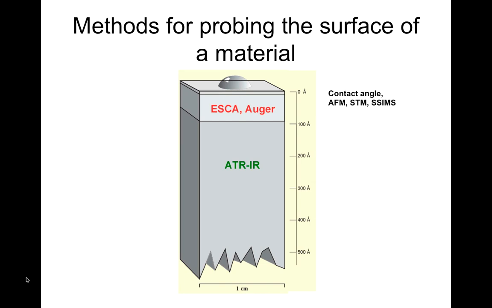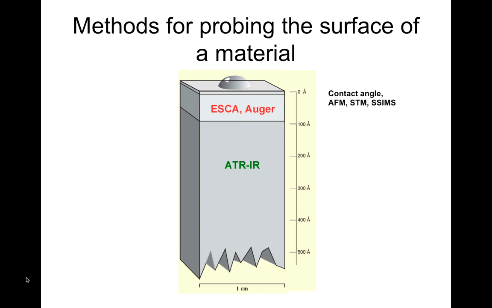This cartoon shows what the surface is, and I like it very much because we can see here that at the top surface, the technique that is most used or most useful is probably the one that is very simple and economical, like the contact angle.